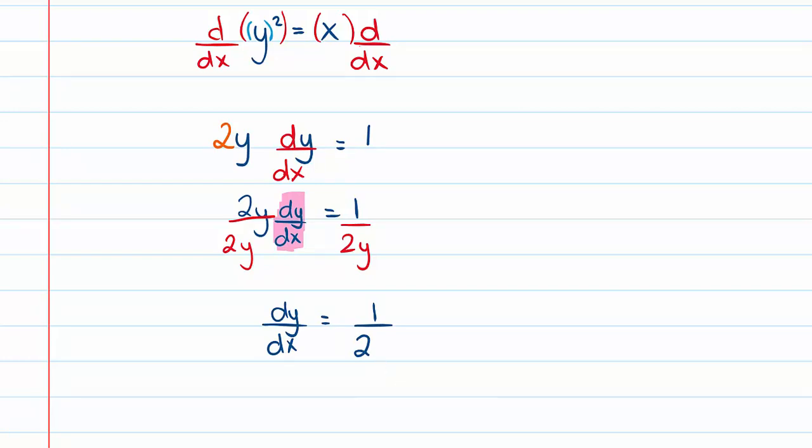What this means is that given a point (x, y), you will get the derivative dy/dx. So we can find the slope at any particular point given an x and y value. The reason we divide by 2y is to get dy/dx all by itself. We're trying to isolate it. You can think of these two terms as multiplying, so you need to divide by 2y to isolate it.